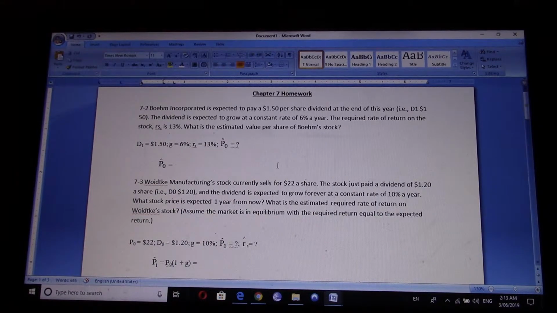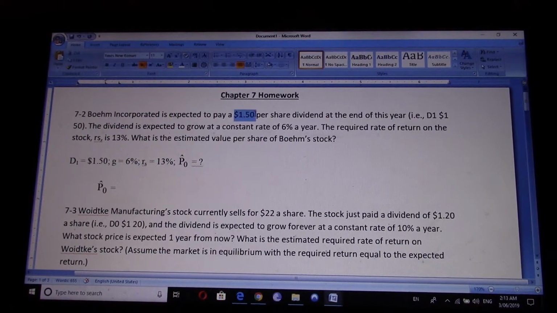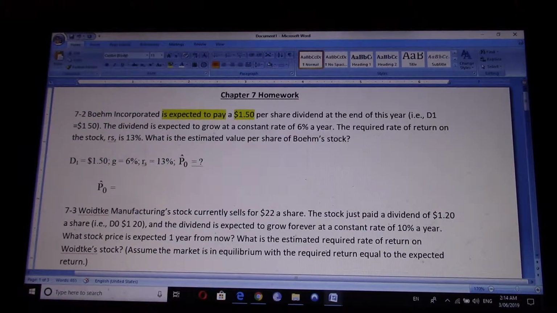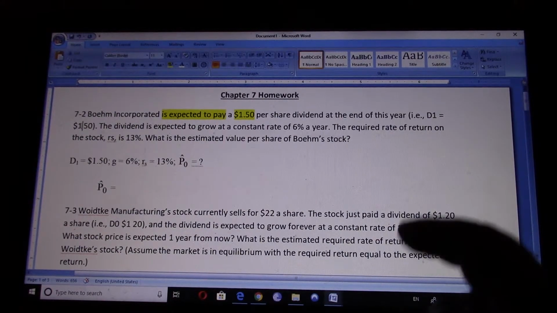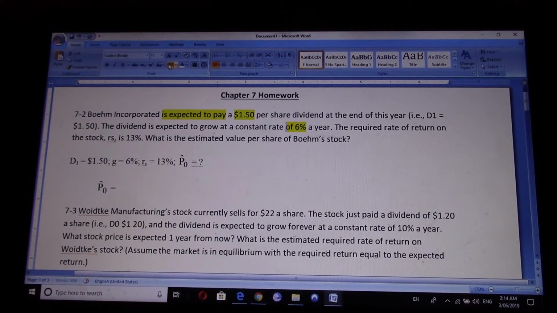The first question, 7.2, gives you the dividend expected to be paid. This is D1 here. D1 is $1.50, and the growth rate G is also given.